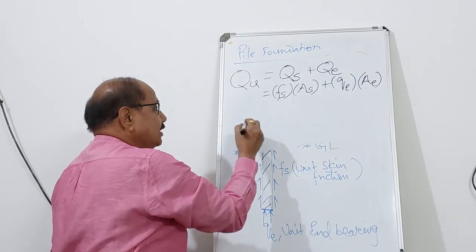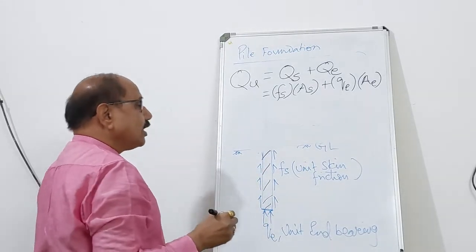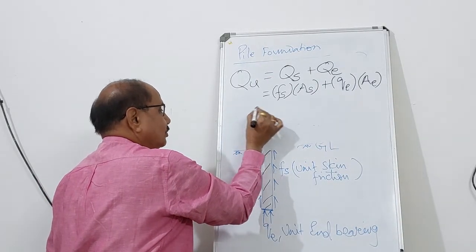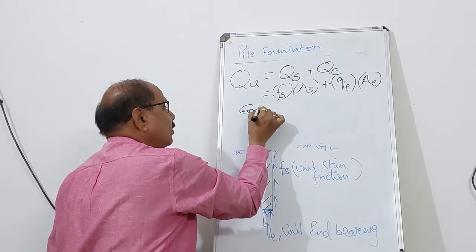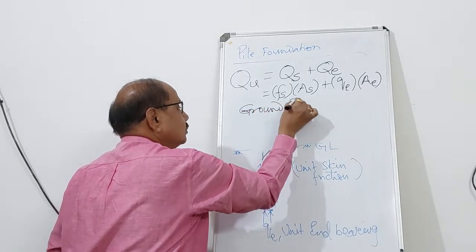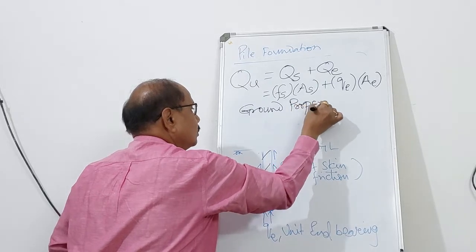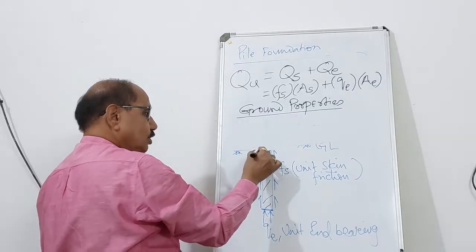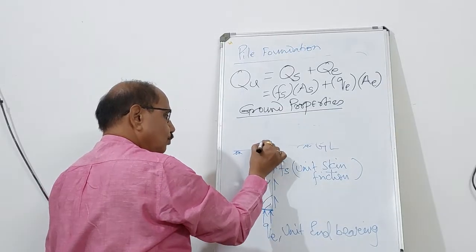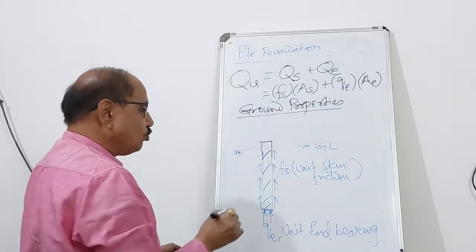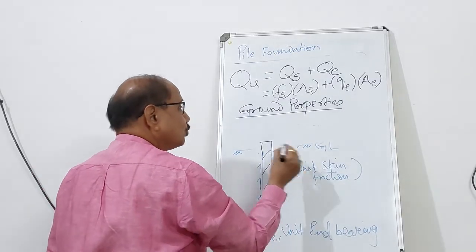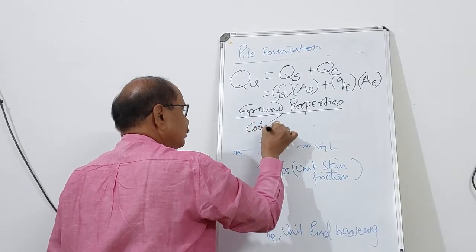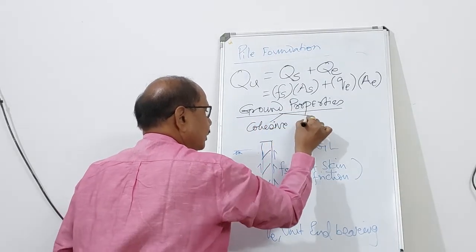Now, if the pile is embedded into the ground, it is necessary to know the ground properties. What are the ground properties in which you are going to lay your pile foundation? So ground properties have to be found out. It could be either cohesive or non-cohesive ground.